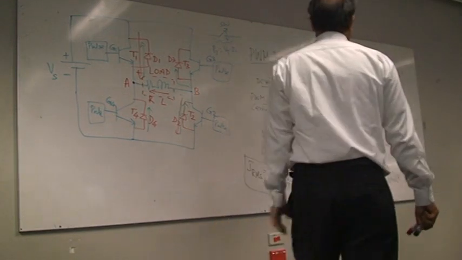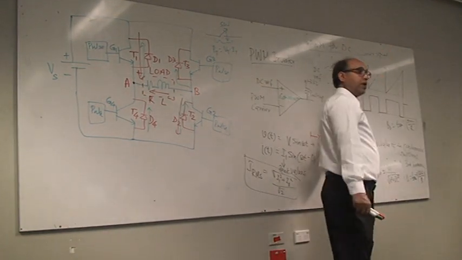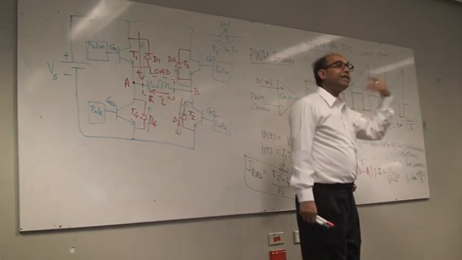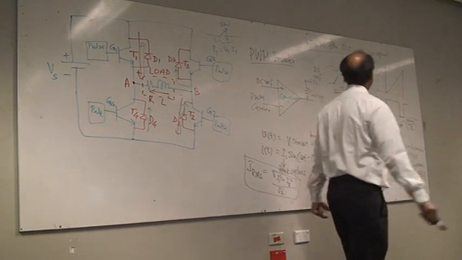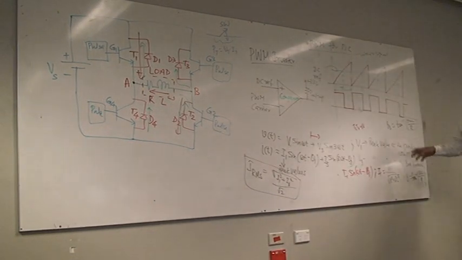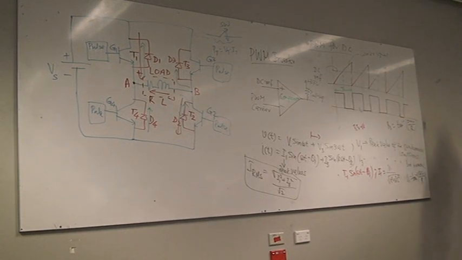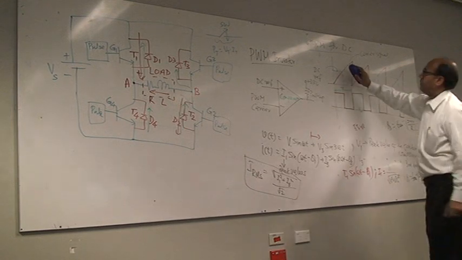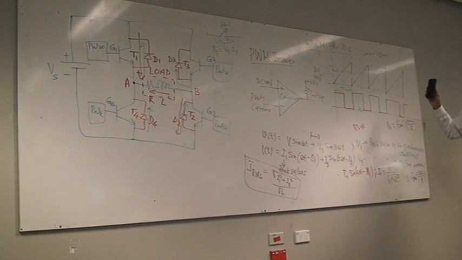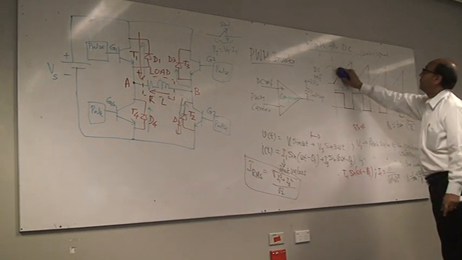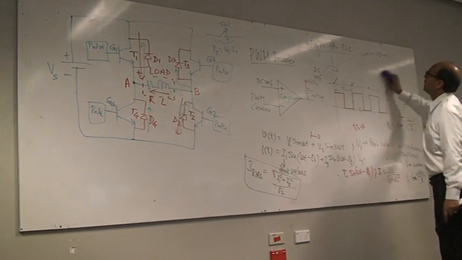But here we are talking about alternating. We want to get an alternating output. So how do you do that? What you keep is the reference wave. In many situations, this triangular wave, they make a little bit different.